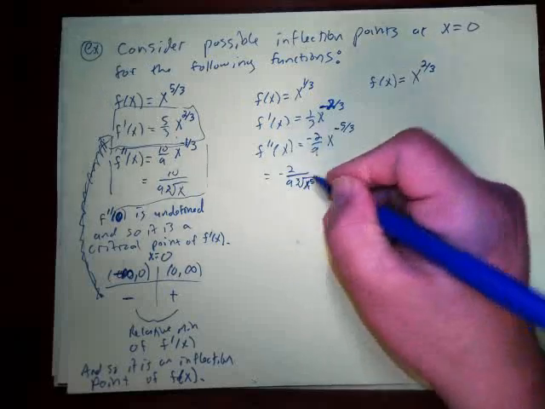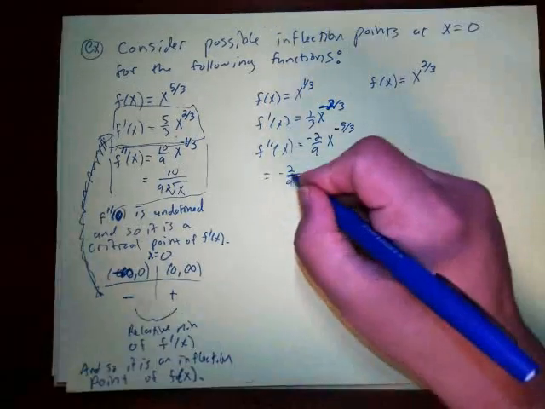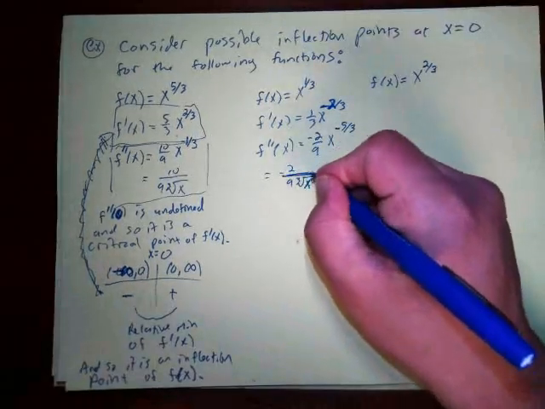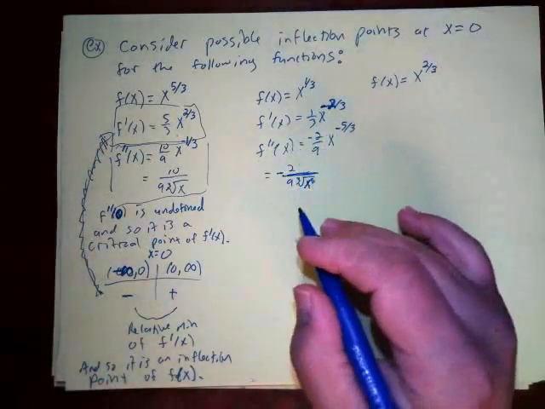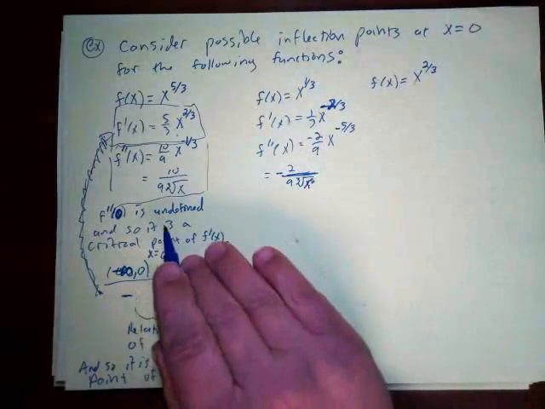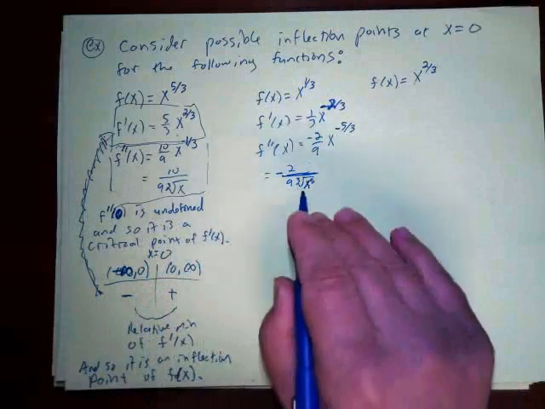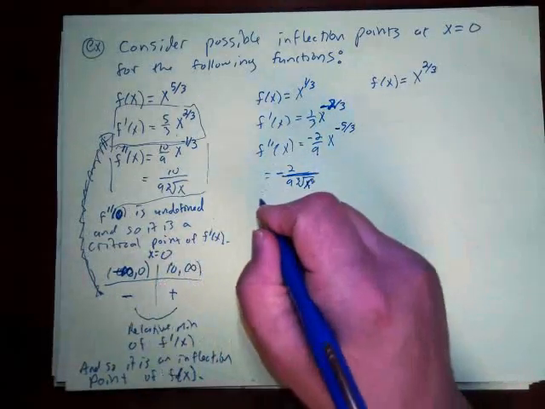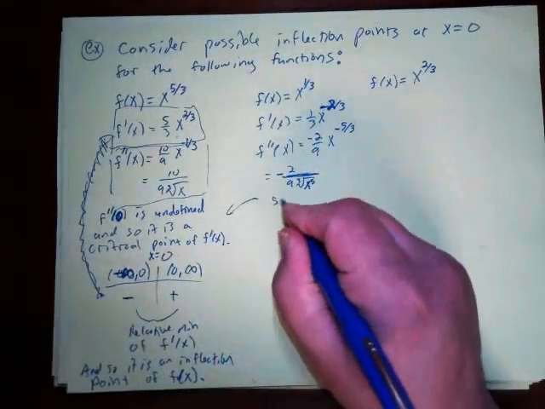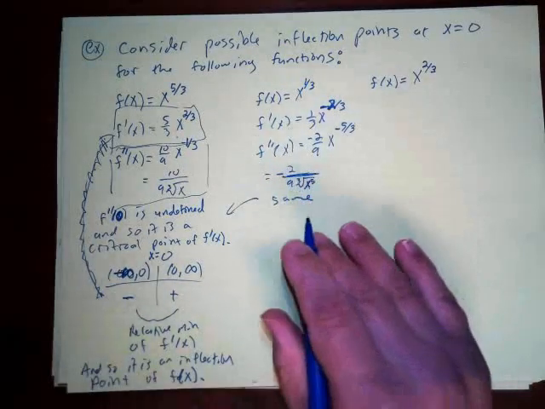It would be like that, and you'd have that negative out front. And so you do have a critical point here. f double prime is undefined here, and so it's a critical point. So same here.